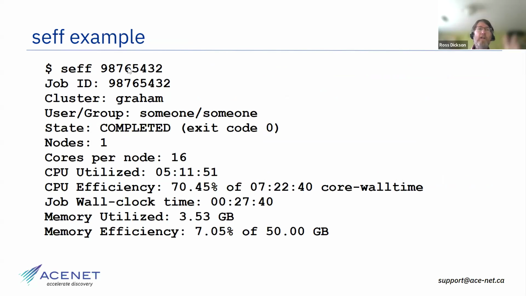So there was a job ID 9765432, I run seff on it, and it tells me the job ID, which I know. It tells me what cluster I'm on. Yeah, I know. Here's the interesting stuff down here. We were asking for 16 cores per node, and it used 5 hours and 11 minutes of CPU time.